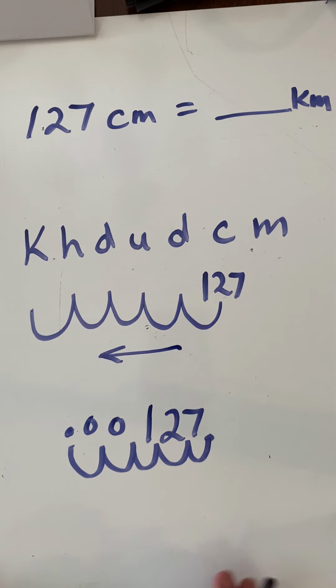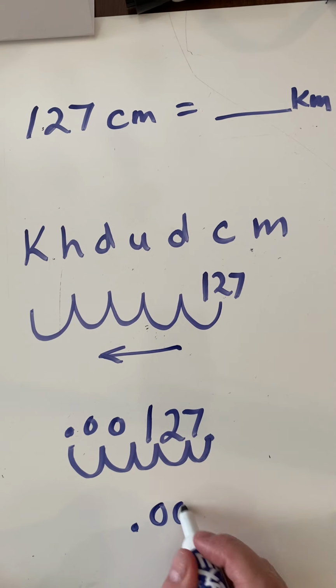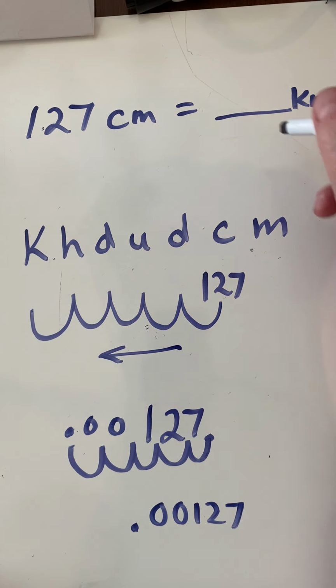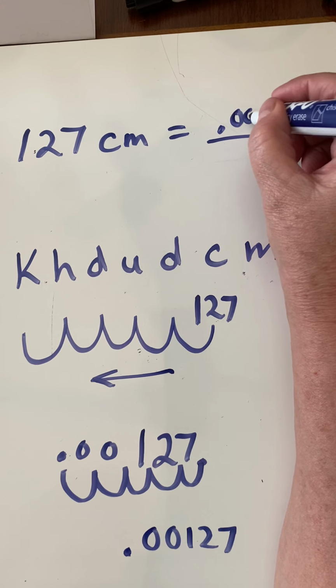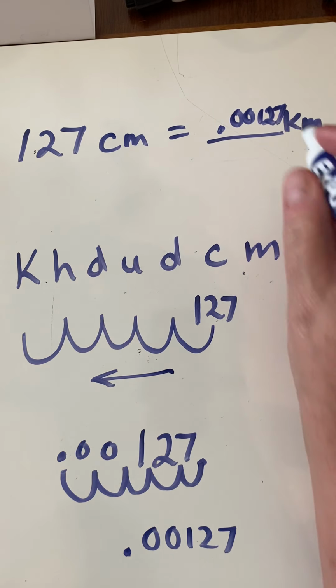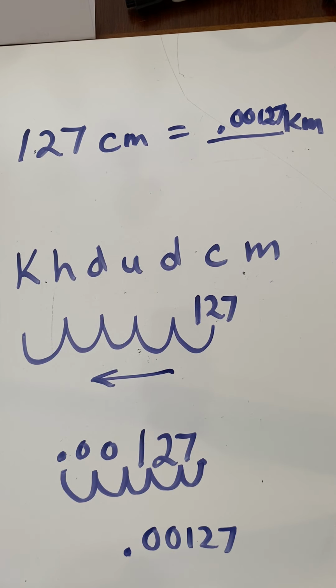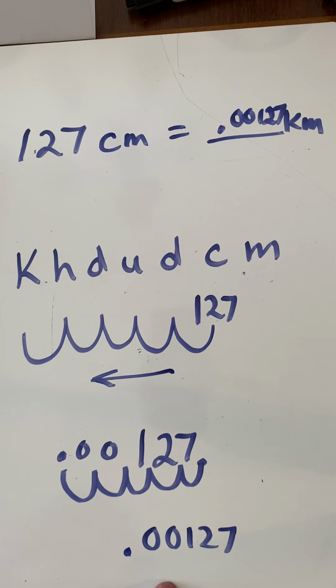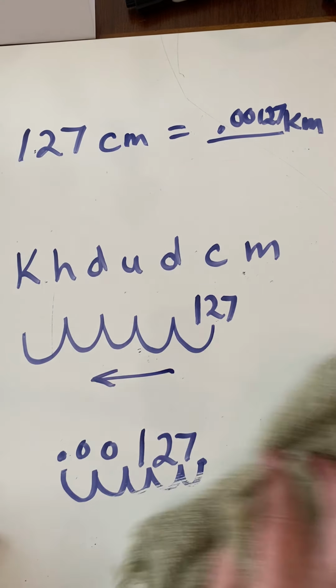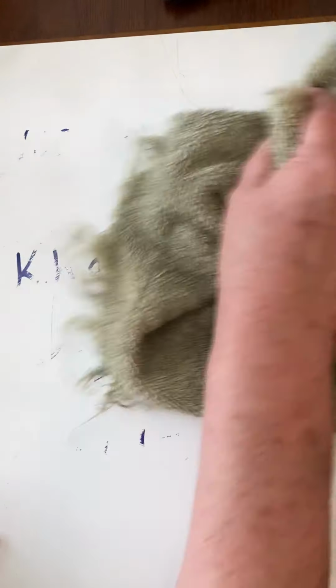So my answer then is going to be 0.00127 kilometers. And that makes sense, right? Because a kilometer is like a mile. It's really, really far. And if I had 127 centimeters, that wouldn't be that long. So it'd be a really short kilometer, which makes sense.